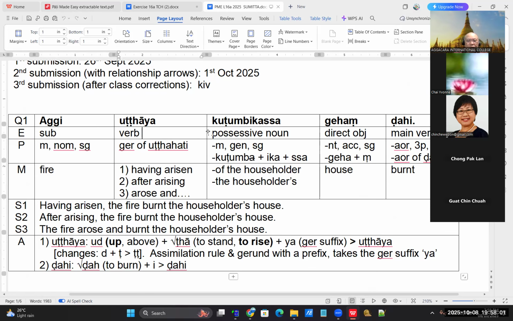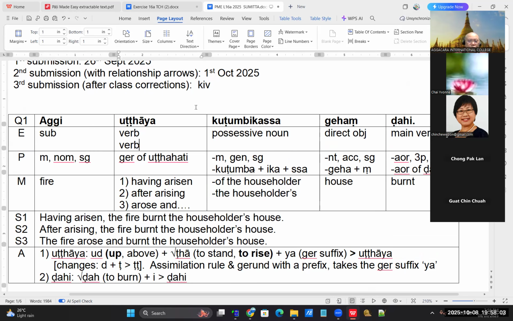You can put verb 1 or verb 2, or you can use the word gerund, because gerund is also an English word. So gerund, and you have a main verb. Now for gerund, we have two suffixes.